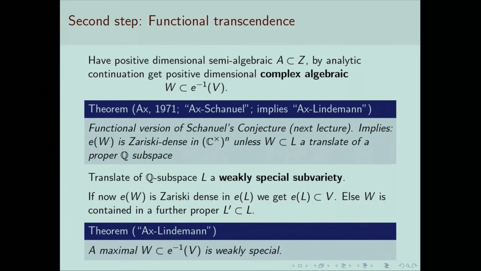So Lindemann's theorem would say that if you take algebraic numbers, then their exponentials are algebraically independent unless the algebraic numbers are linearly dependent over Q. And this is somehow the functional statement that e to the W, the exponential of the algebraic set, is Zariski dense unless it's contained in a translate, in a weakly special subvariety.